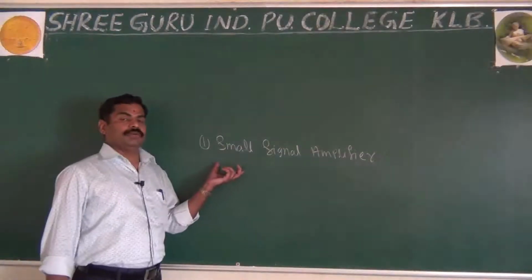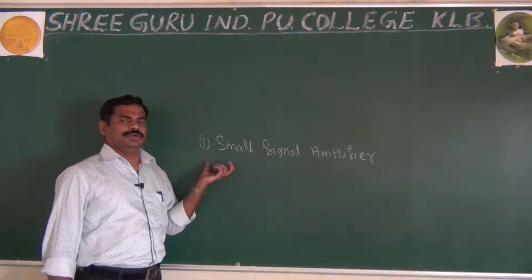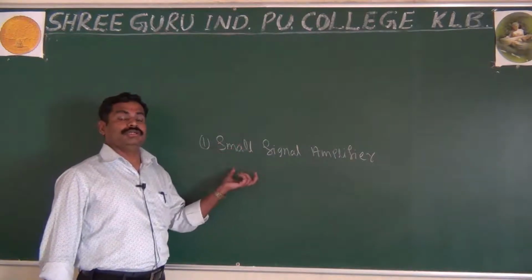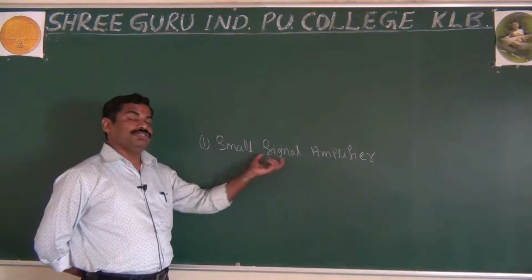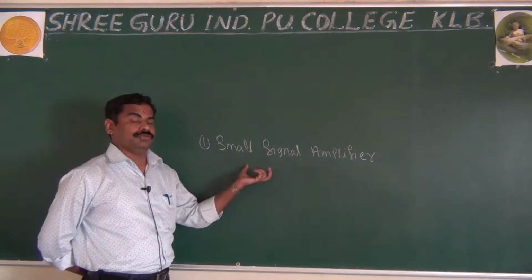You are applying some input signal of some amplitude, and that amplitude should be less than the Q point values of the transistor. That type of amplifier is called a small signal amplifier.